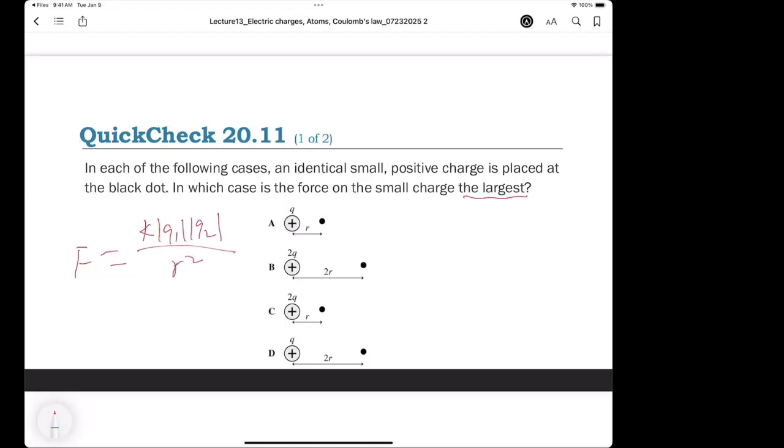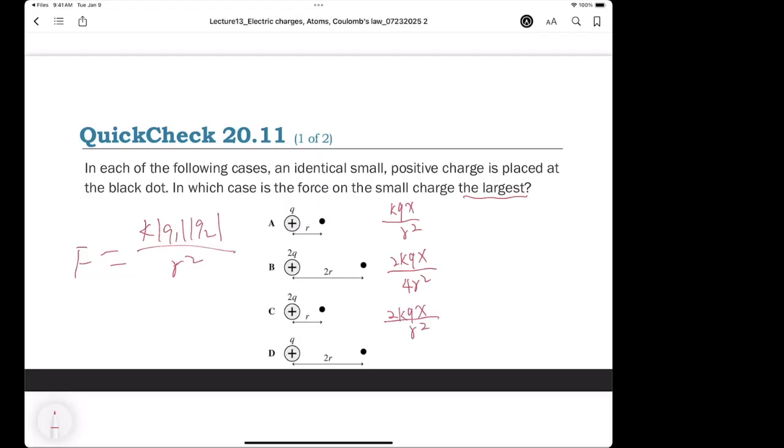The first one is like KQ, for example, this is X, and R, and this is K 2QX, because it is 2R. This one is 2KQX.